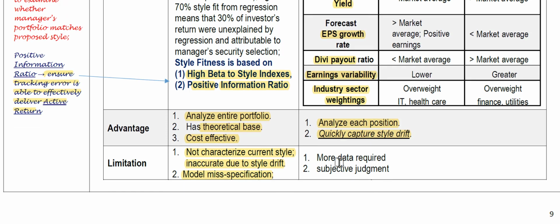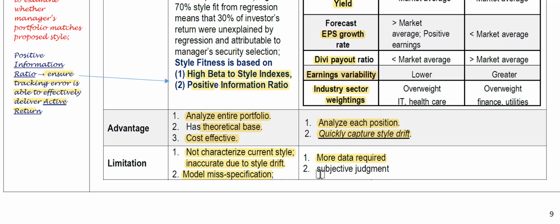Now the holding-based approach, since you look at every individual security's character, requires more data. Unfortunately, sometimes you may not get it because there is insufficient data for some smaller companies.